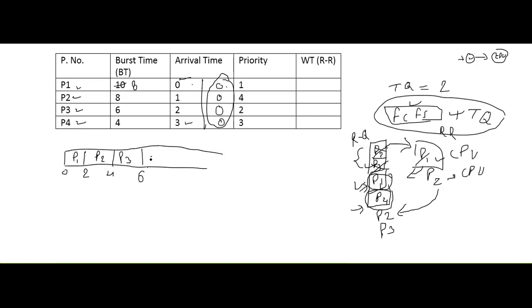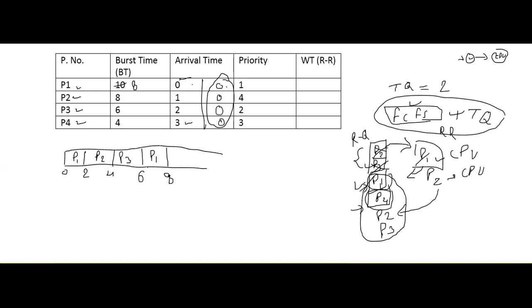Instead of P4, P1 will get the chance for execution, up to 8 units of time. Why P1? Because in the ready queue, P1 is in line first, just before P4. So the round robin series is P1, P2, P3, P1, P4, P2, P3, and in this way they will get executed and complete their tasks.